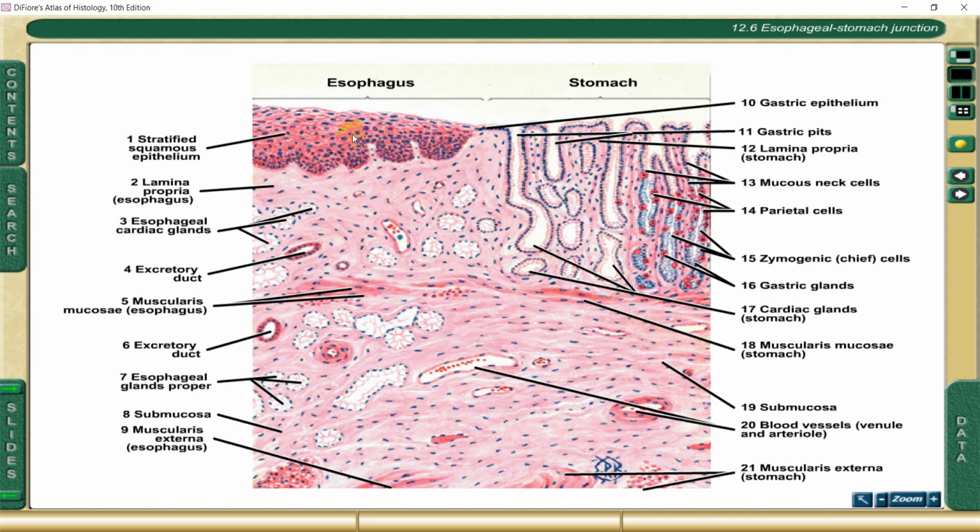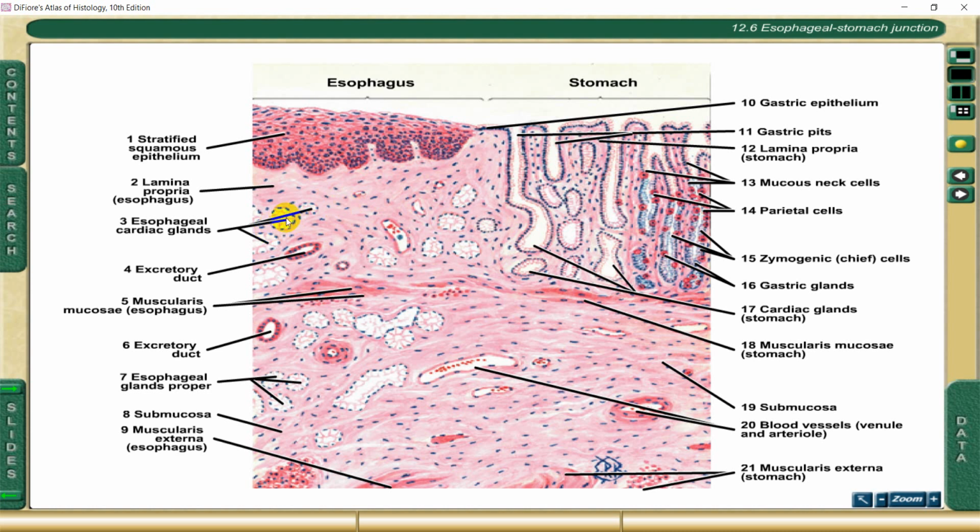The epithelia in the esophagus is stratified squamous non-keratinized epithelia. Epithelia in the stomach is simple columnar epithelia without goblet cells with surface lining cells. Two, lamina propria, loose connective tissue.